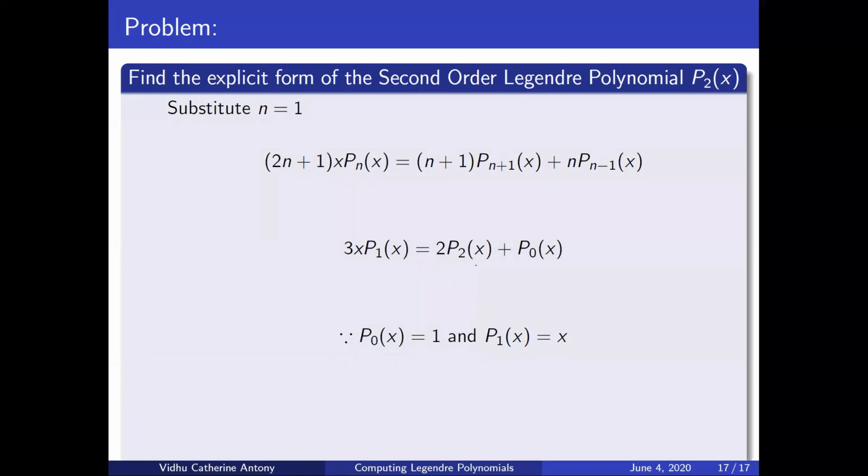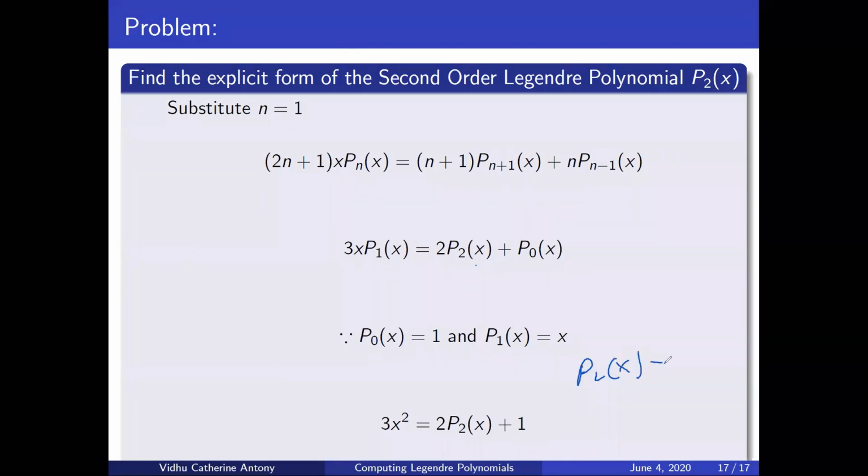Now you know that P0 of x is 1 and P1 of x is x. So you substitute those two values and you end up getting 3x squared equal to 2 P2 of x plus 1. You want to find the second order, right? So you get P2 of x is equal to 3x squared minus 1 divided by 2, which is what you got earlier.